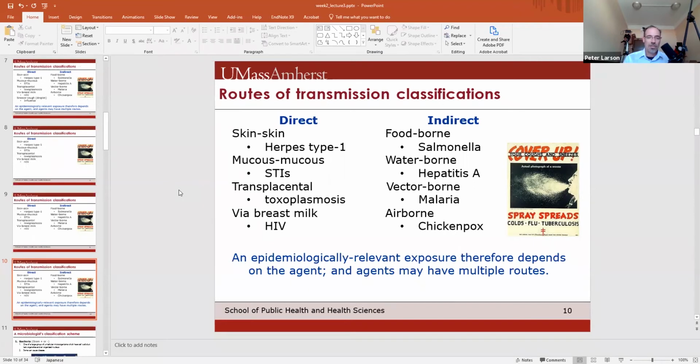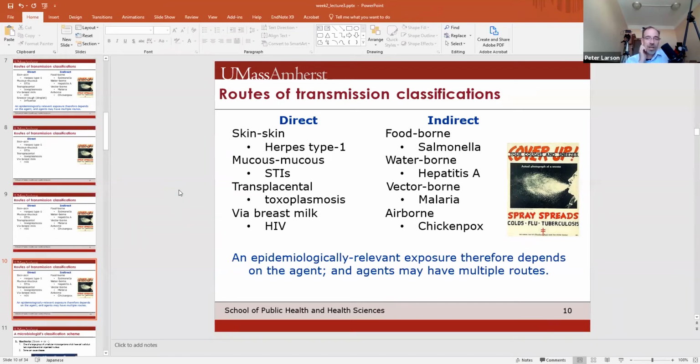An epidemiologically relevant exposure, therefore, depends on the agent. And agents may have multiple routes. There's a number of diseases that have multiple routes of transmission. So, for example, you might have potential mucus-mucus transmission and also airborne transmission.